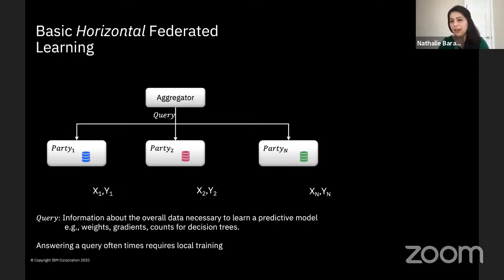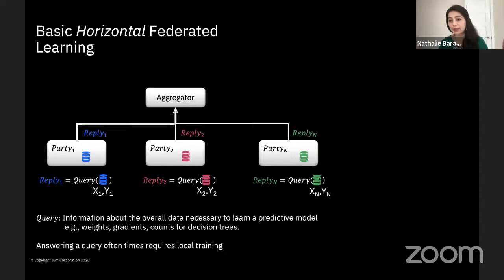This query you can understand as something like, give me the gradients for this neural network after you have trained. Each of the parties will take that query, use their data to answer it, and then send back the reply to the aggregator.